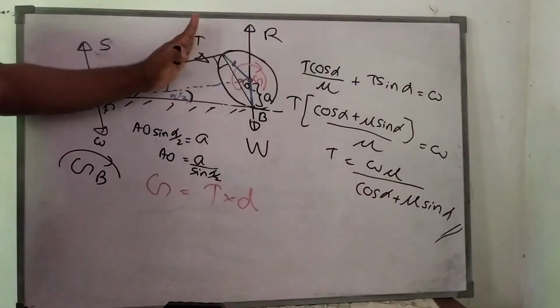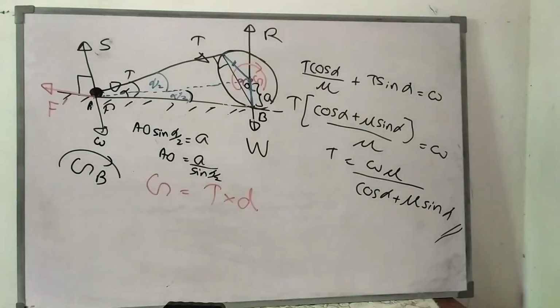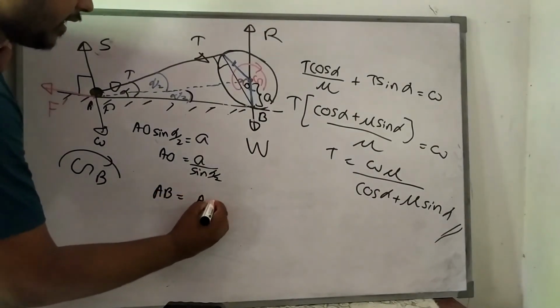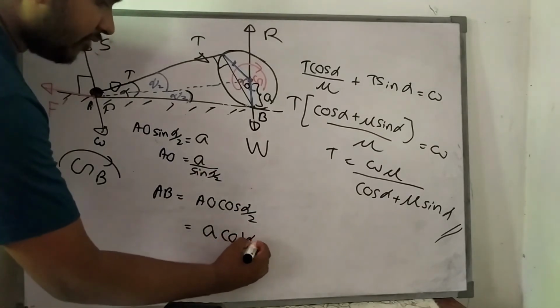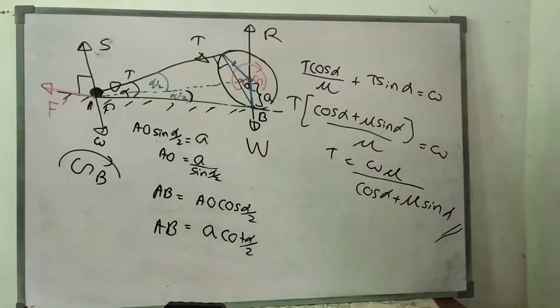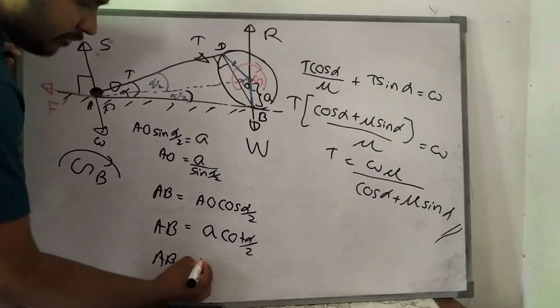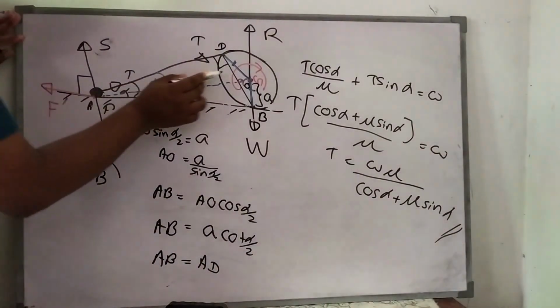Alright, so AO. AB can be written as AO cos alpha by 2. So AO is a over sine alpha by 2, so this is AB, a cot alpha by 2. Once we have found AB, we can find the perpendicular distance BD.